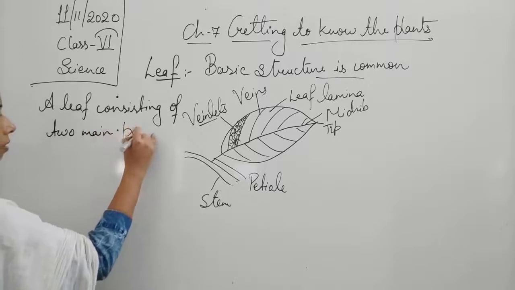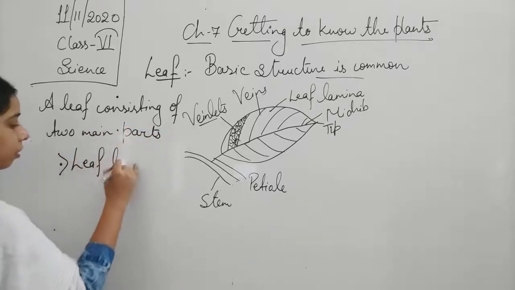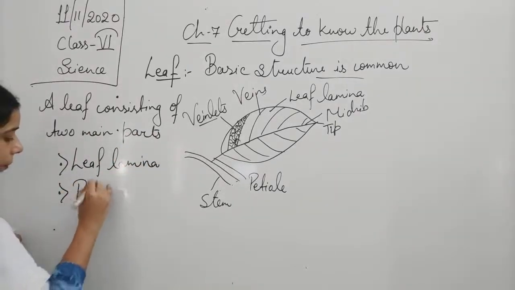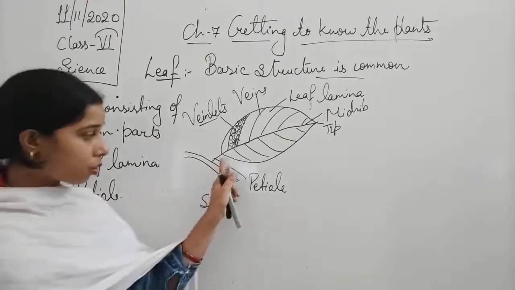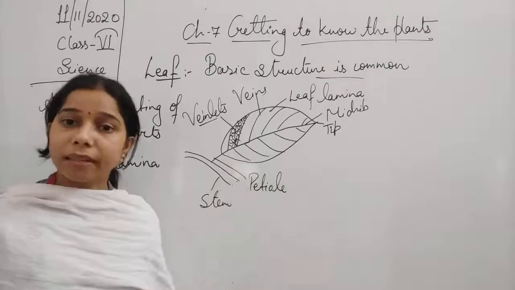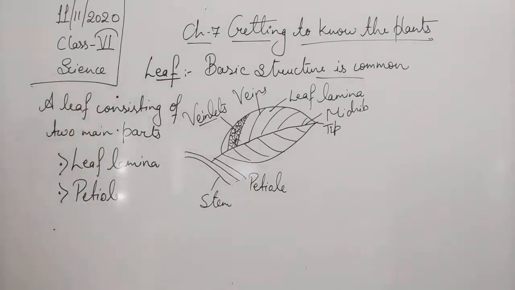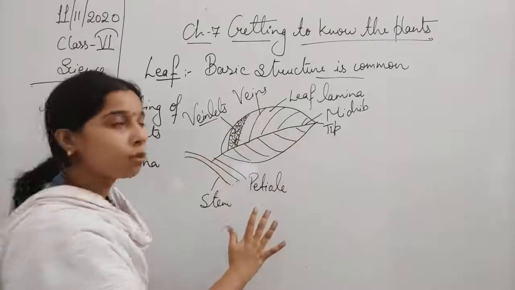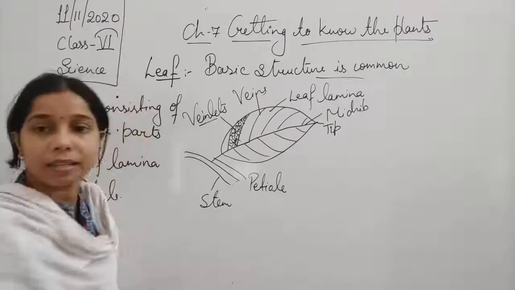The first one is the leaf lamina and the other one is the petiole. Okay, so petiole is that stalk-like structure which is attached to the branches of the plant, and the other one, the flat structure which is the part of the leaf, students, that we call a leaf lamina. One is leaf lamina, second one is the petiole.